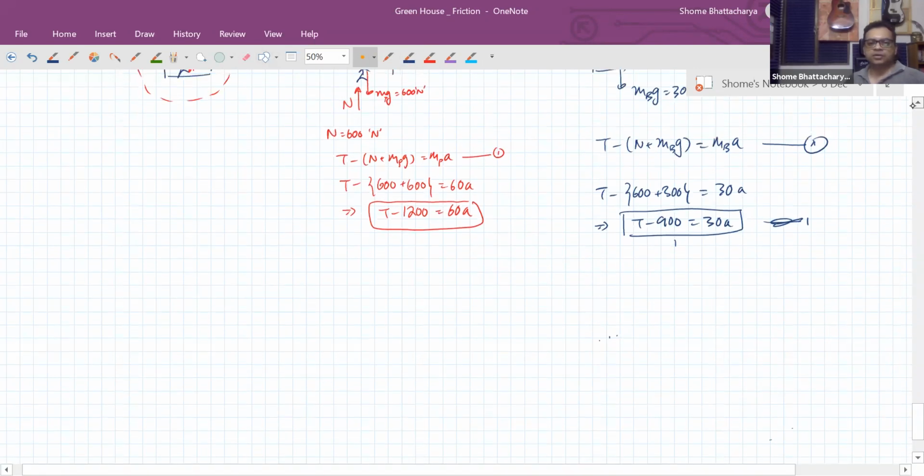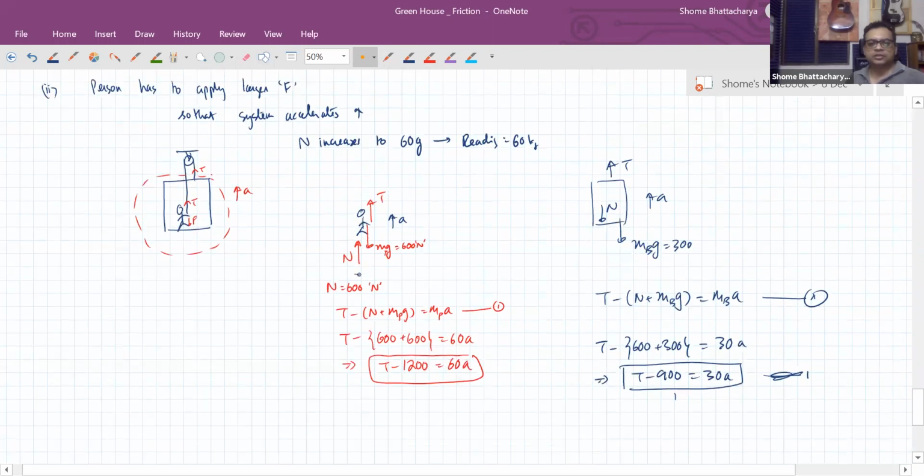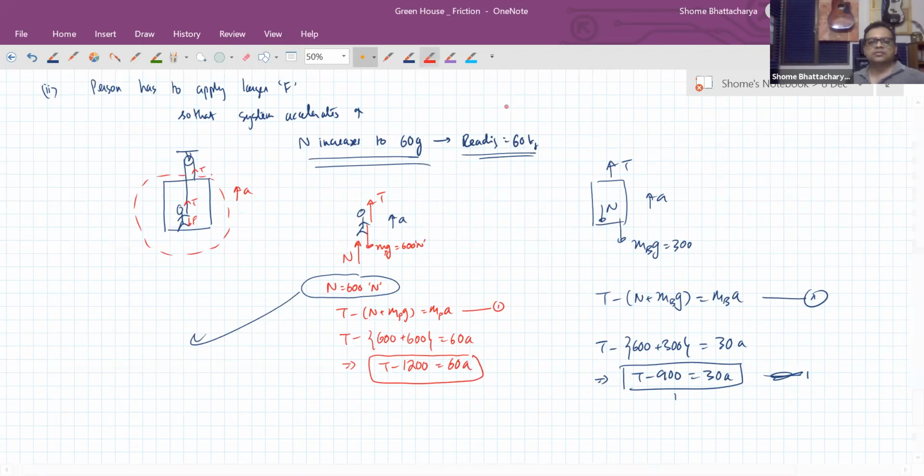So why we have replaced the normal reaction with 600 newtons here? Because we want the reading to be 60 kg, for that is his true weight, the normal reaction has to be equal to, oh, the mistake is here actually.